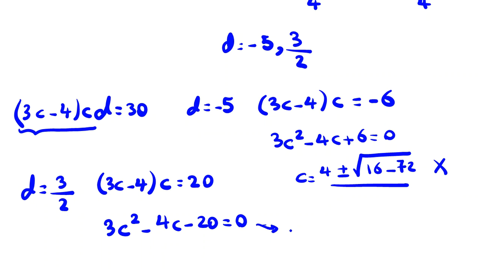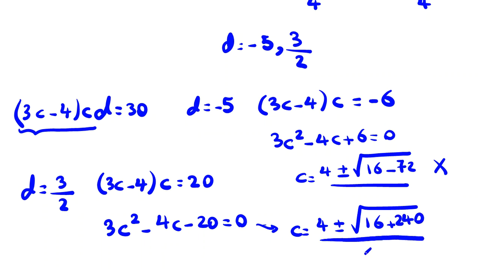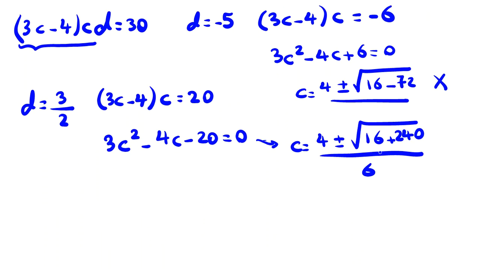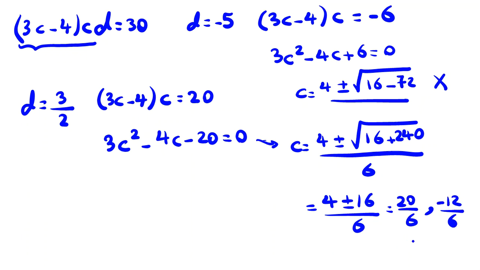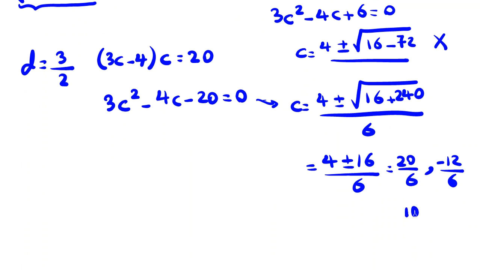Using the quadratic formula, c equals 4 plus or minus the root of 16 minus 4ac, which will be plus 240, over 2a, which is 6. It will be 256 and the root of that is 16. So 4 plus or minus 16 over 6. 4 plus 16, 20, over 6, or 4 minus 16, negative 12, over 6. If we simplify these two fractions, the first one will be 10 over 3 and the next one will be negative 2. We found two answers for c.